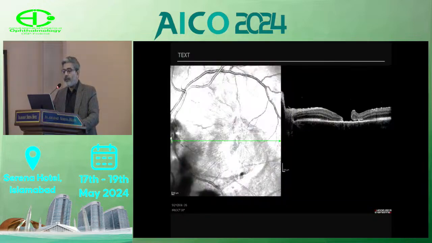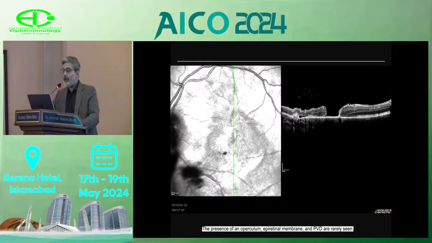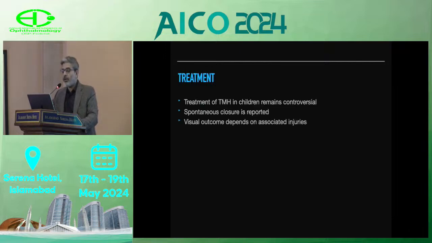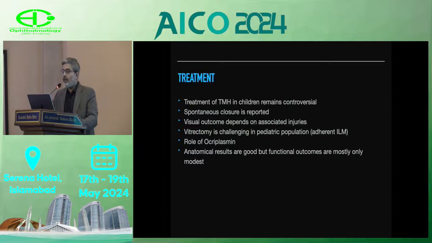And this is just an example of a traumatic macular hole. The interesting thing is that you rarely see an operculum because it's mostly caused by the expansile forces. The treatment remains controversial because sometimes they close, but the larger ones usually don't. Visual outcome depends on the associated injuries. The anatomical results can be good, but the visual outcomes are mostly modest.